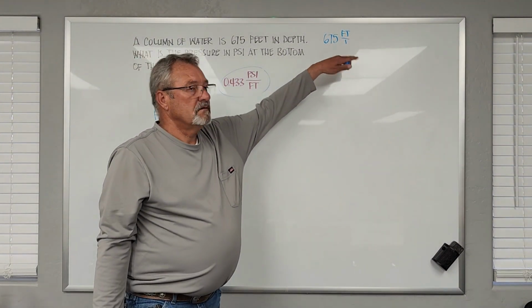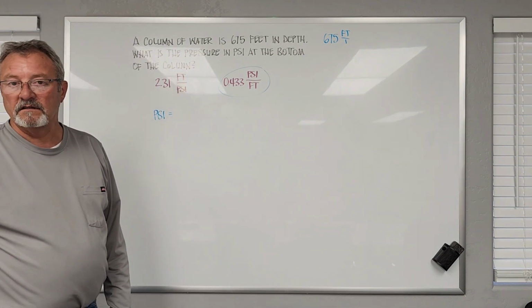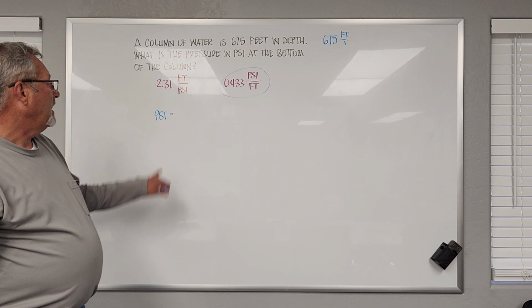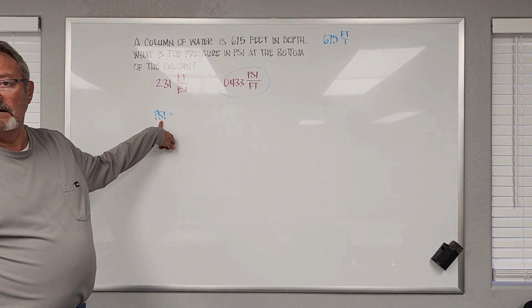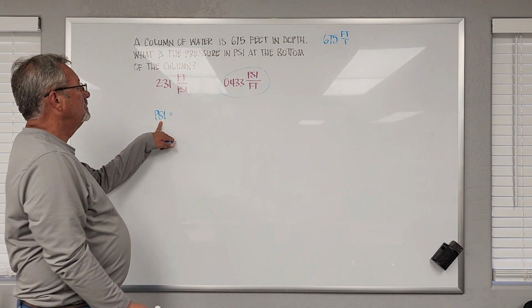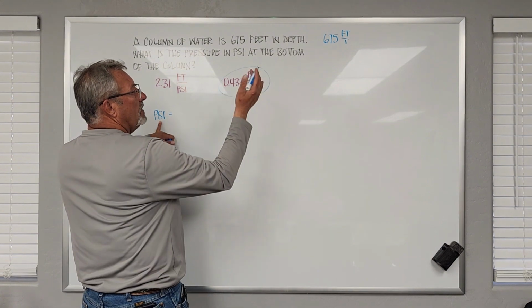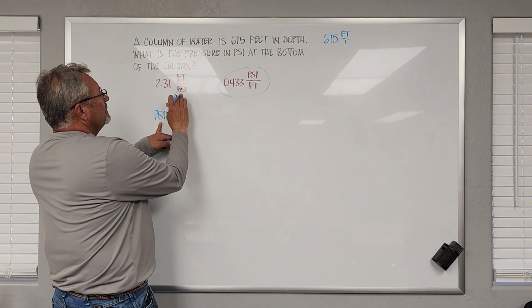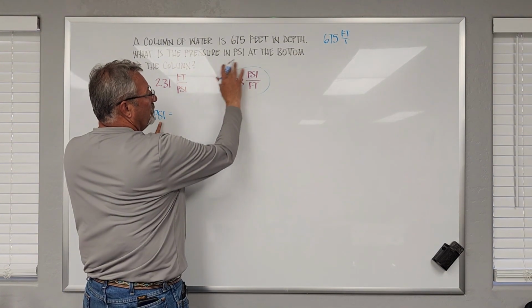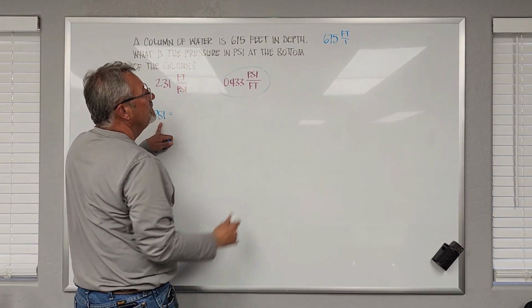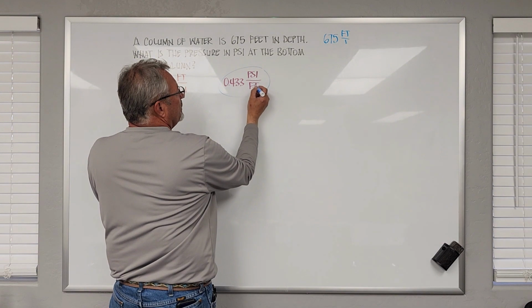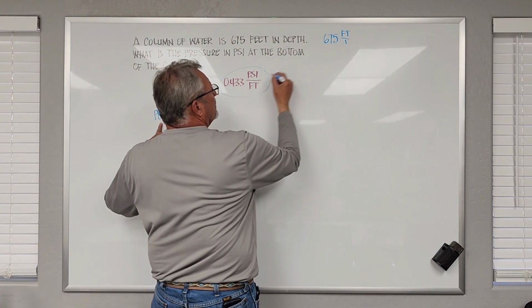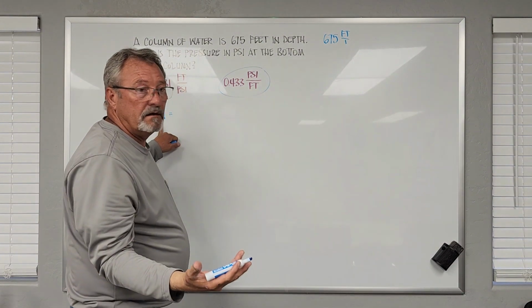The foot is above the division line. My answer is going to be in PSI. So I'm going to have to cross cancel. I got to get rid of that foot. And to do it, I'm going to look at this right here, 0.433. This is the one I use. And because foot is below the division line here, that allows me to cross cancel if I multiply.